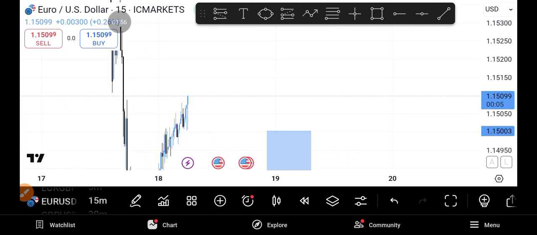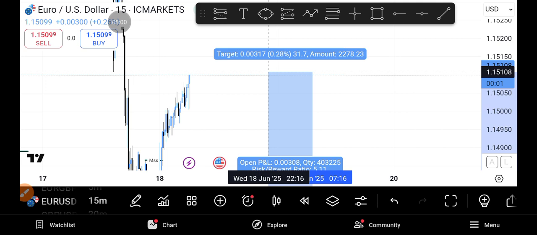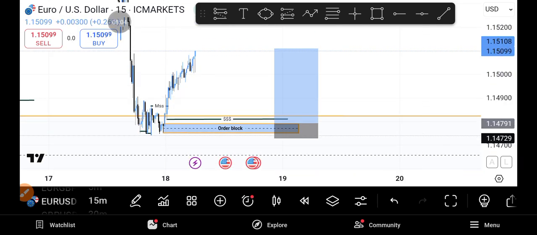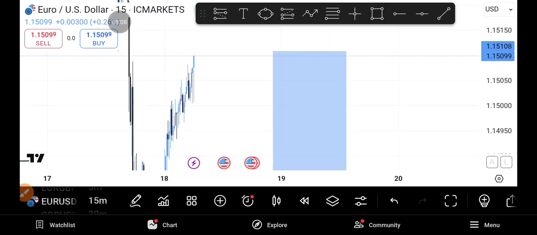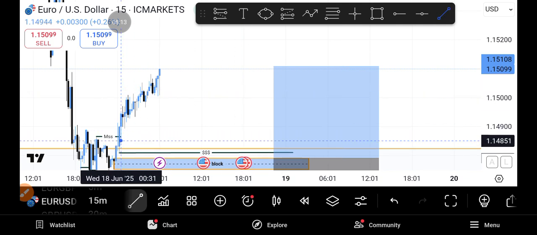Our take profit, let's leave it here first. You can see this is like a 1:5 risk to reward ratio. And note, apart from that, this is a liquidity we are expecting price to clear.